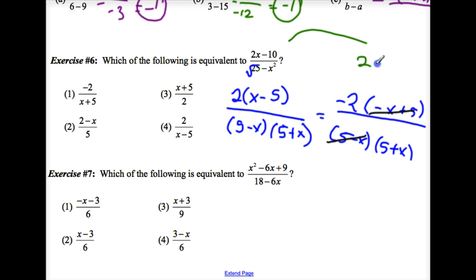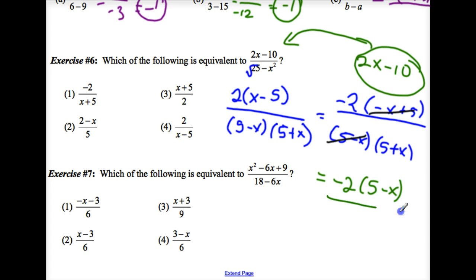So this will be 2x minus 10, which is what I started with up here. Now these two cancel off, or you can rewrite this as negative 2 (5 minus x), whichever you feel comfortable with is fine.